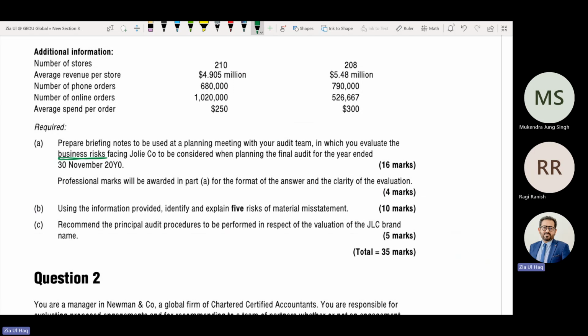In a risk of material misstatement question, each risk we need to link with the misstatement in the financial statements. But in business risk, we do not link with the financial statements. We need to link each issue, each risk with the business objective, with the business position, with the business profit. We should attempt this part as we would attempt an SBL question, not an AAA question.